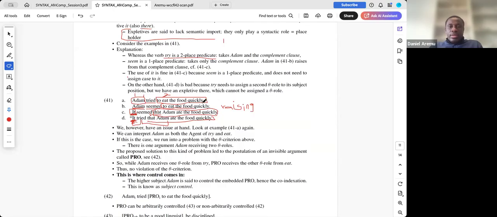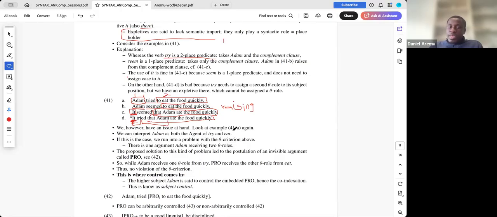Sorry, I seem to need more explanation on what is meant by argument, because if I look at sentences 41A and 41B there, I wonder why you want to say "to eat the food quickly" is an argument.